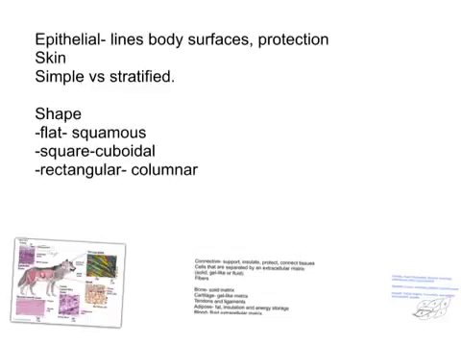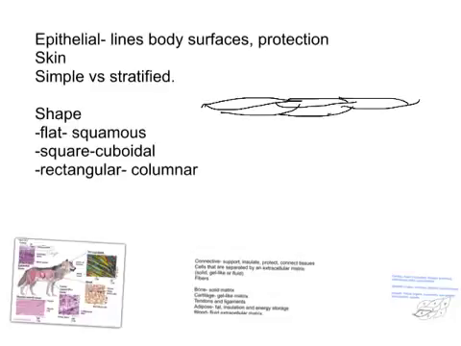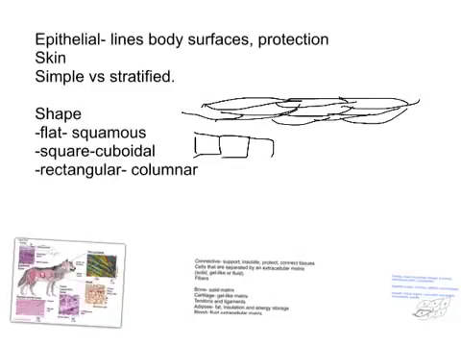A squamous epithelial tissue looks like this, sort of flat cells. I'm drawing a couple different layers of cells, so this would be a stratified squamous epithelial tissue. Square, or cuboidal, cells are equal in height as they are in width.